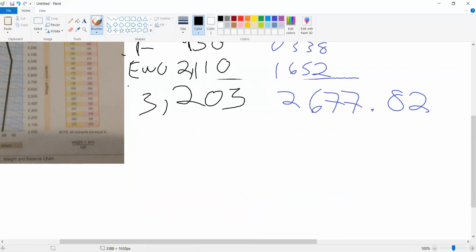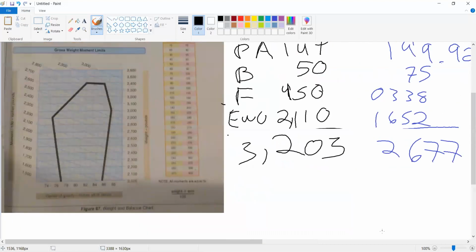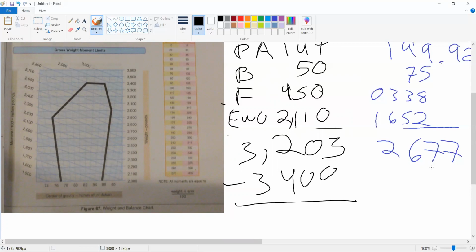Now let's see if we're within the realms. So that's 3,000. So we're good. Let's subtract from 3,400 to get the number 197, right? So this would be 197.